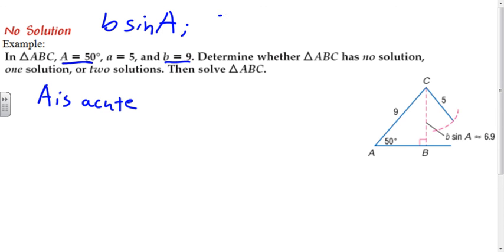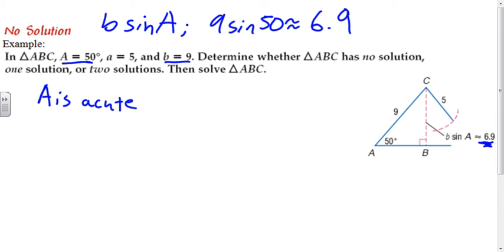So we are looking for 9 times the sine of 50. It's going to come out to approximately 6.9 in my calculator. Well, I guess it's also given to you there.